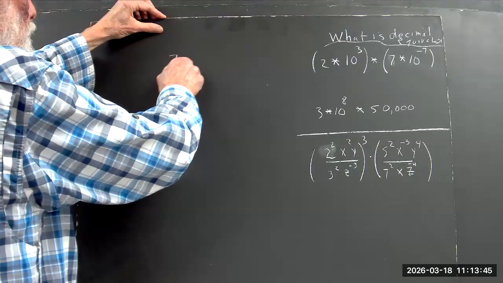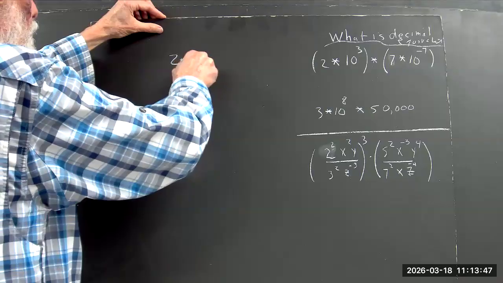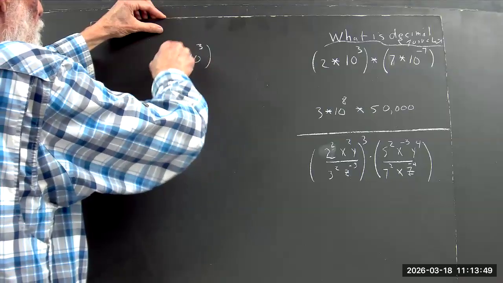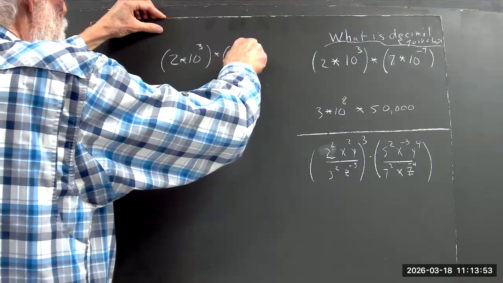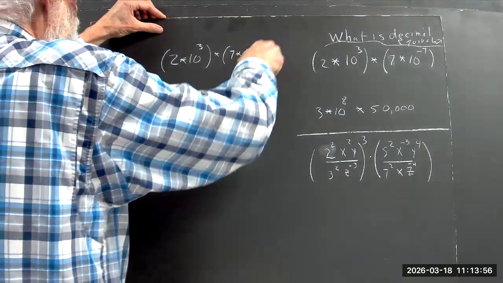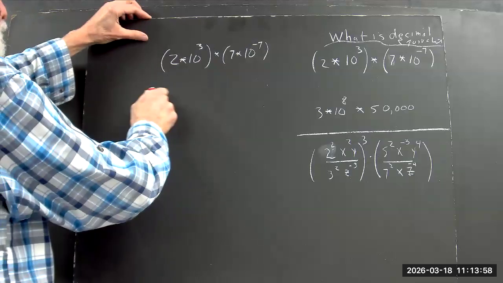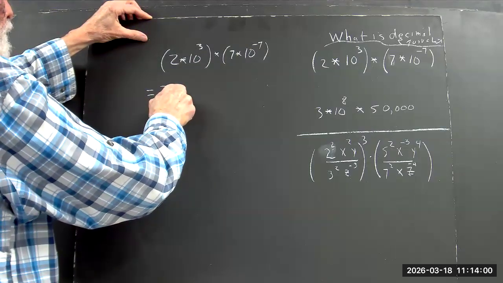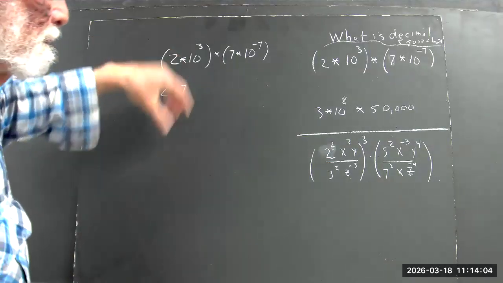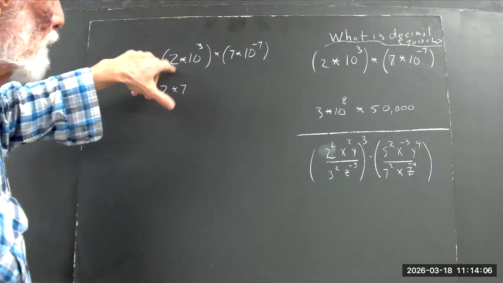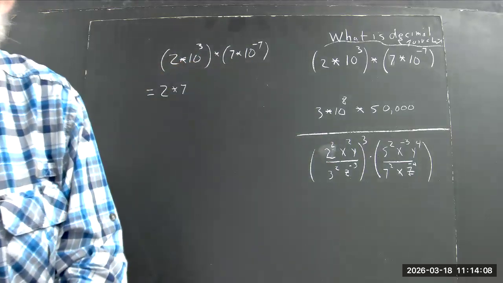We have 2 times 10 to the third multiplied by 7 times 10 to the negative 7th. Well, that equals 2 times 7, because this is just a series of multiplications here, right?